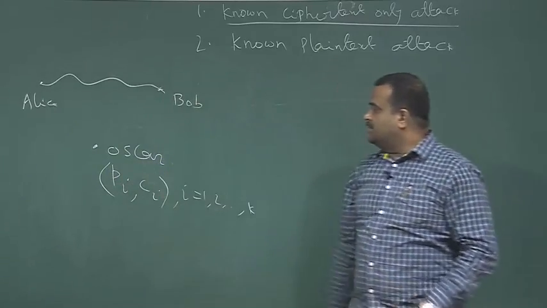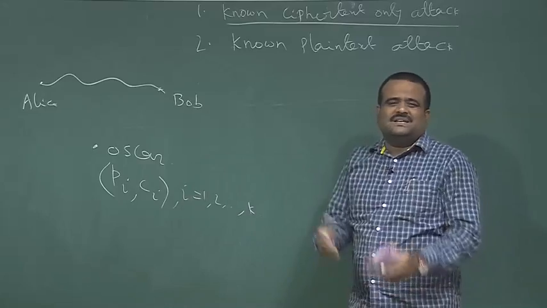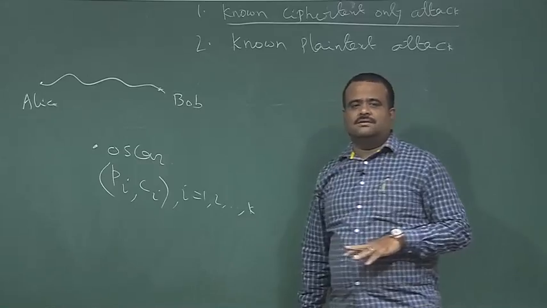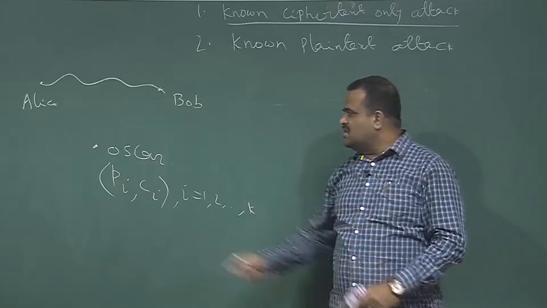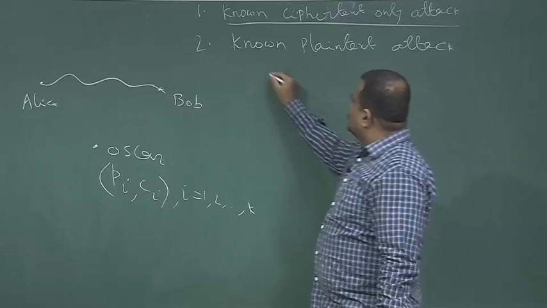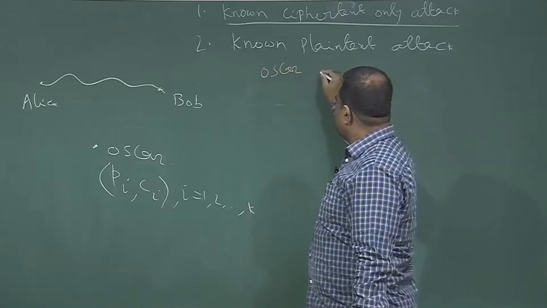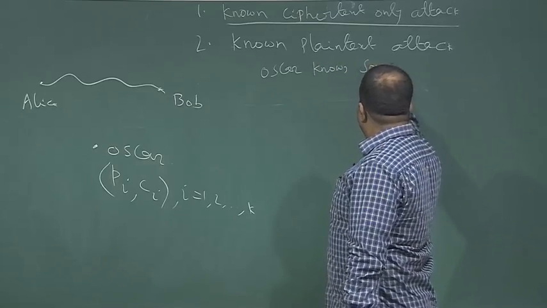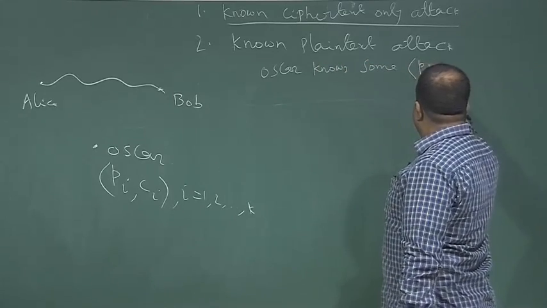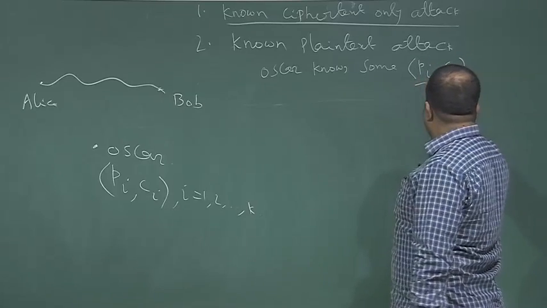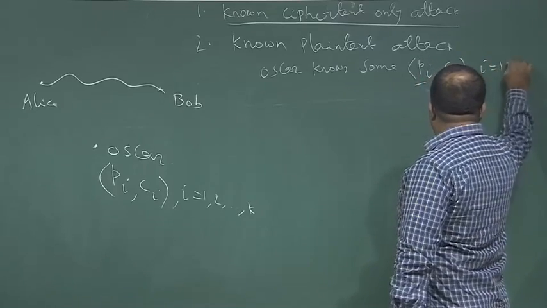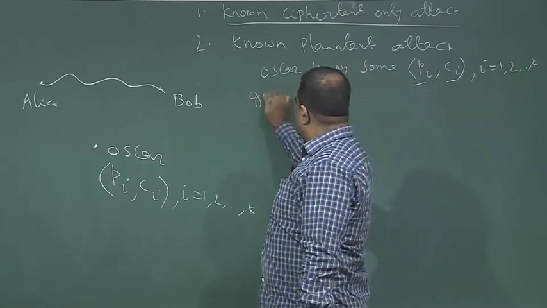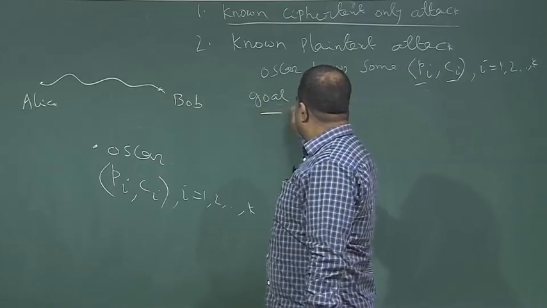So, P1 plain text and the ciphertext. This has not much relevance now, I mean this was already communicated 2 years ago. So, under this model Oscar knows some pi and corresponding ci, i equal to 1 to k, and the goal of Oscar is to get the key.